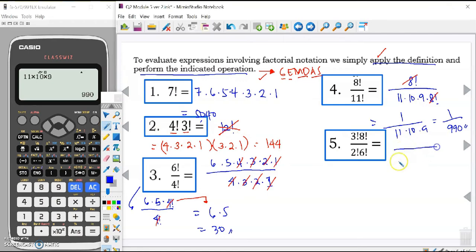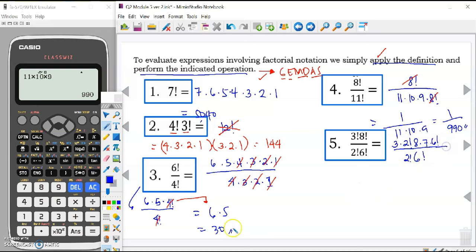So since 2 factorial and 6 factorial are smaller compared to 8 factorial, then we have, sorry, let me erase that and fix it. That's 6 factorial. We can write 3 factorial as 3 times 2 factorial. We can write 8 factorial as 8 times 7 times 6 factorial.